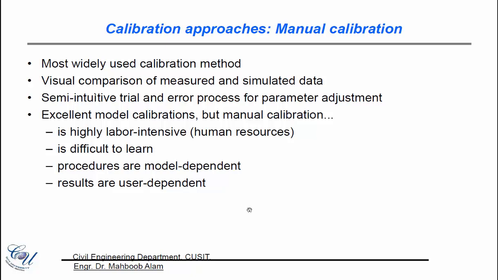For example, if you change one parameter which only changes the peak of the flow, it might be good for the flood situation, but in a low flow situation your model would not work very well. So you have to adjust your parameters in such a way that your model works properly both in flood and in low flow situations. So it takes time to learn which parameter is affecting the model in which way.